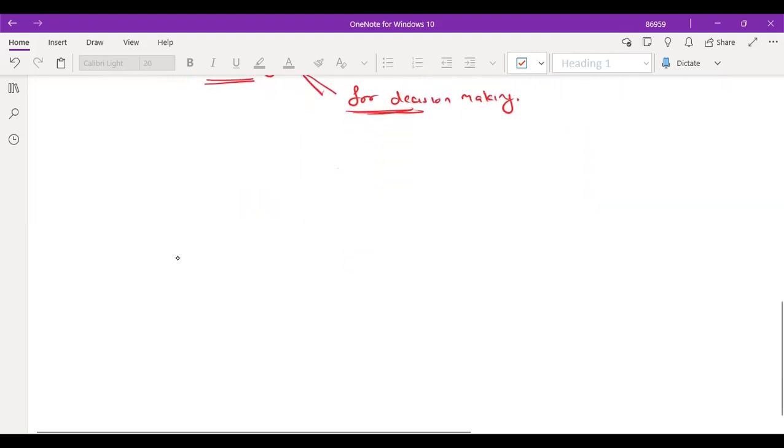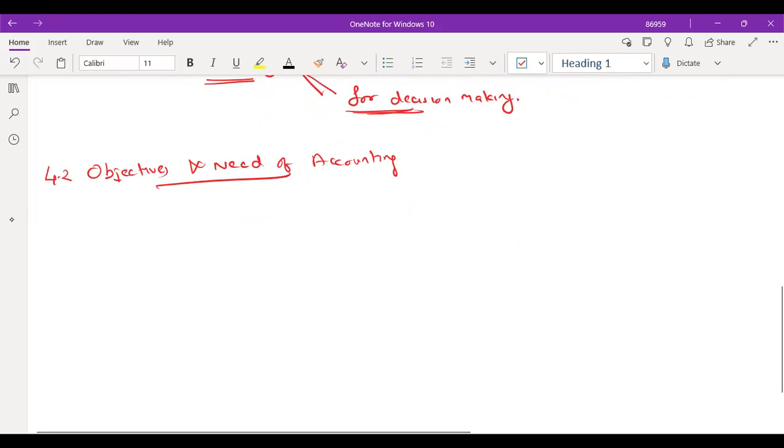Then if you move to section 4.2, objectives and need of accounting, right? Objectives and need of accounting. So accounting, the main objective, the primary objective, here we can categorize the objectives of accounting into two.